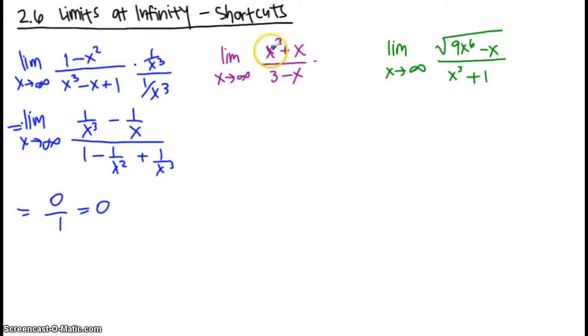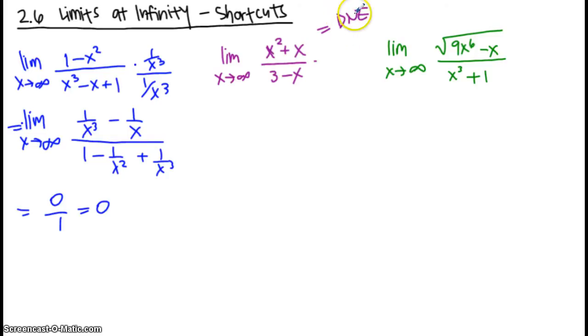So if you divide top and bottom by x squared, this is going to become 3 over x squared minus 1 over x. So this will become 0. The denominator, if it becomes 0, it does not exist. So if from here you did that and you get does not exist, it's correct. It's not wrong. Because technically, if it goes to infinity or negative infinity, it does not exist.